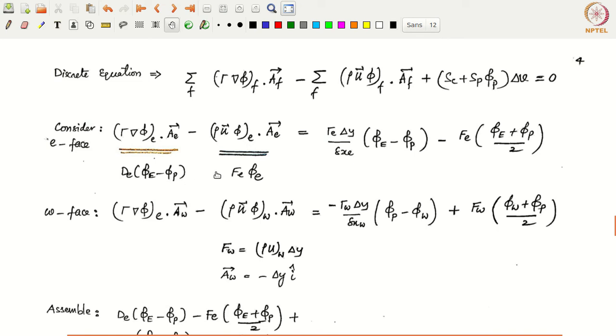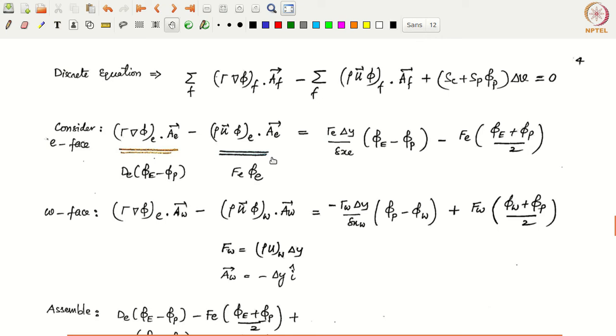If you plug in these two, what we get is gamma e delta y by delta x e times phi east minus phi P, minus Fe times phi e, where phi e is phi east plus phi P by 2, right? This is what we have for these two terms.